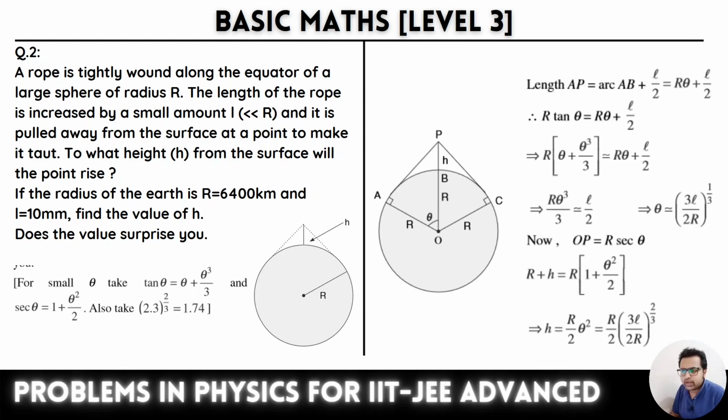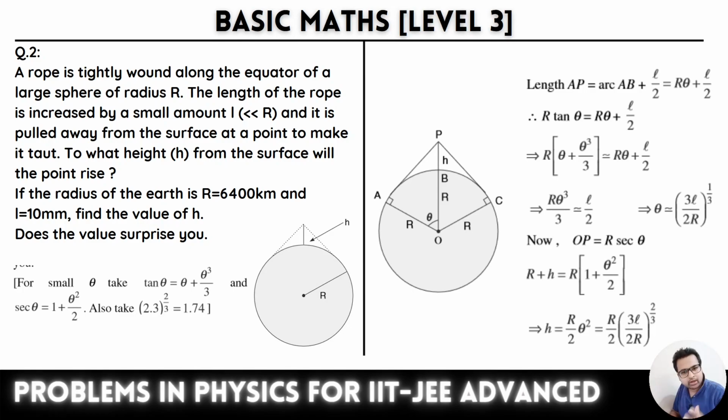If I talk about the length of AP, AP is the extended thread. See, we have AB, which is half of the rope of unknown length. And when we increase the length, we get AP.